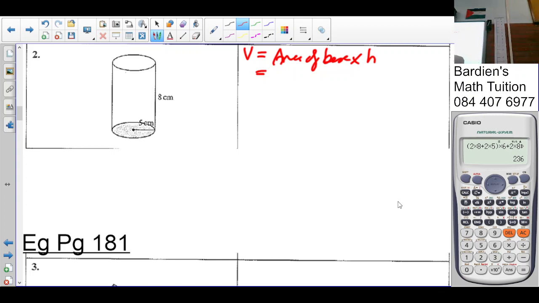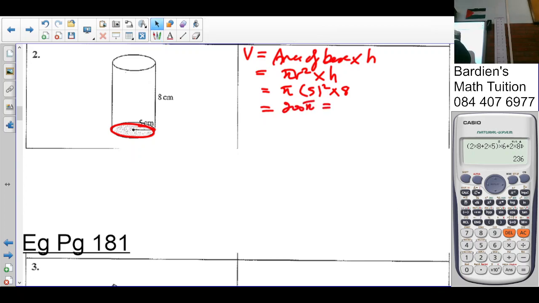What type of shape is this base? Circular base. How do you calculate the area of the circle? Pi r squared. What's the radius of that circle? 5. So it's pi times 5 squared times height of 8. That's 25 times 8, which is 200 pi.